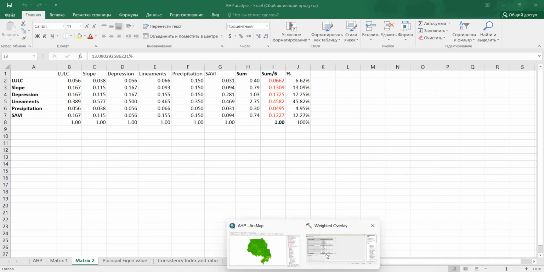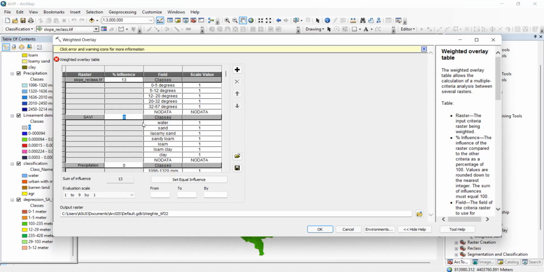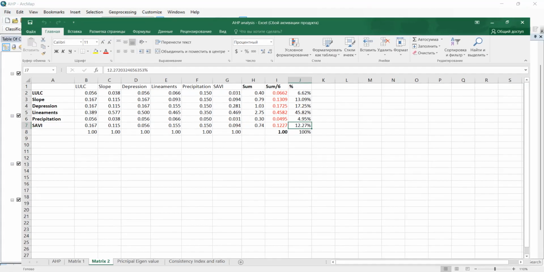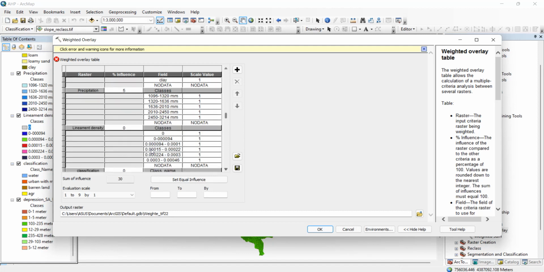The next is soil, 12%. Let's assign 12%. Precipitation, 5%, right? Lineament density.